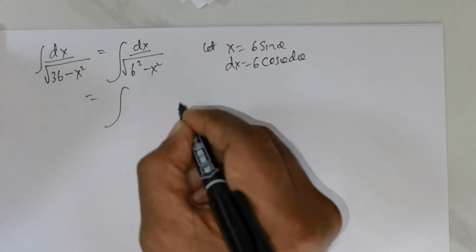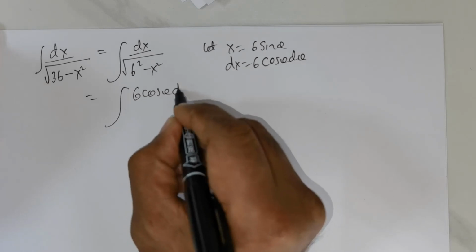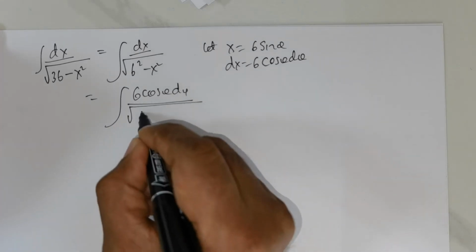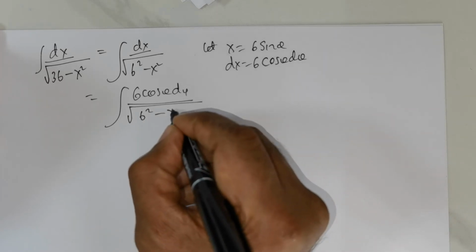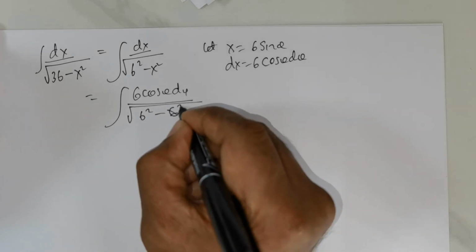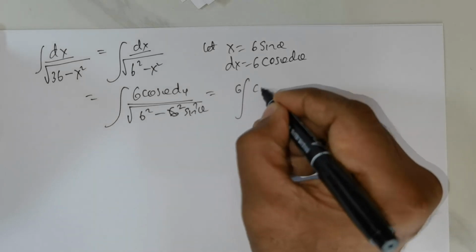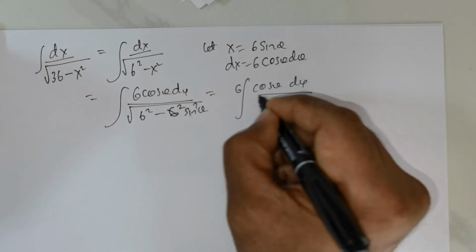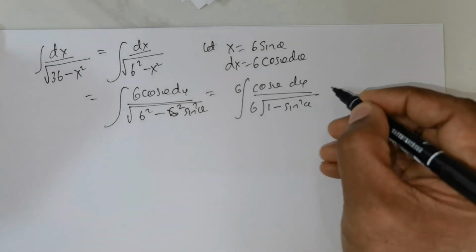So this is equal to integral, in place of dx it's going to be 6 times cos theta d theta divided by root of 6 squared minus, in place of x I would substitute 6 sine theta. It's going to be 6 squared times sine squared theta. So 6 can be taken out. So this is going to be cos theta d theta divided by 6 times root of 1 minus sine squared theta.